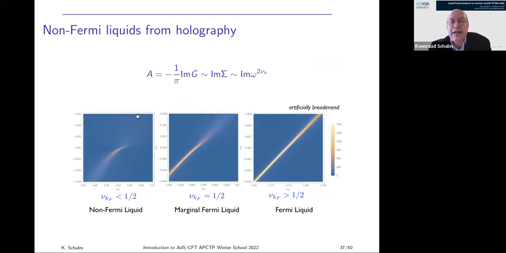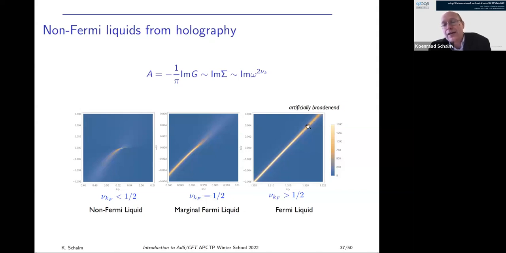And here you see graphically illustrated why you broadly have these three different classes of Fermi liquids. An ordinary Fermi liquid has a linear dispersion relation. Omega and k have just a linear slope.